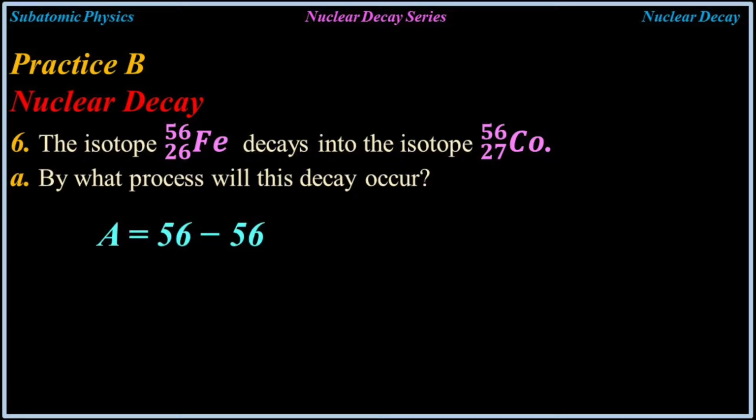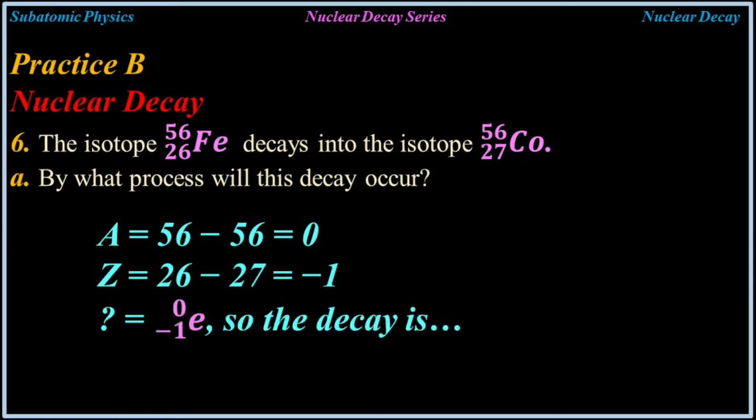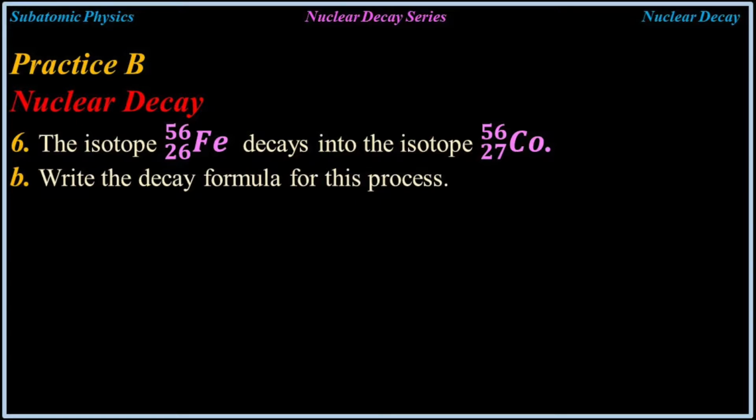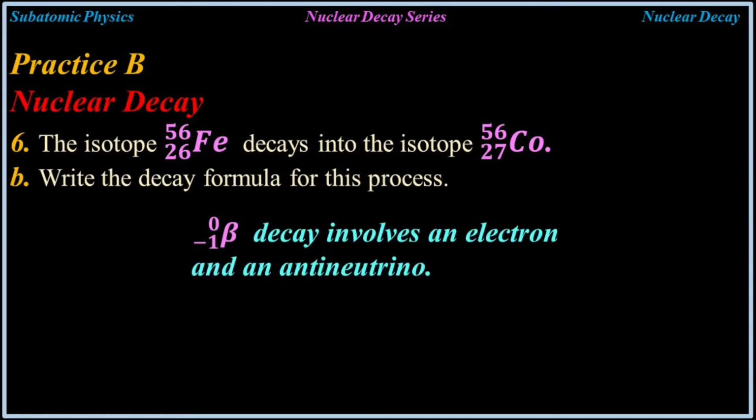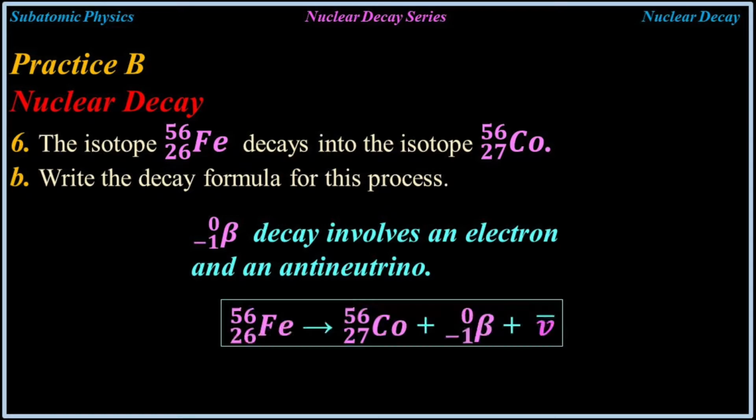So the isotope iron 56 decays into the isotope cobalt 56. By what process will this decay occur? So it looks like a beta decay. Beta decay involves an electron and an antineutrino.